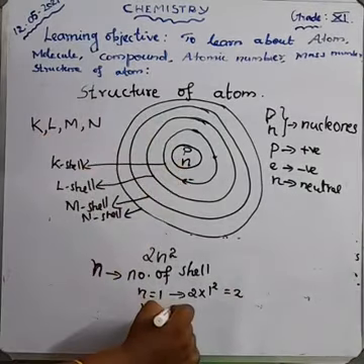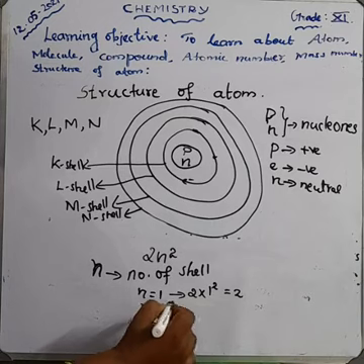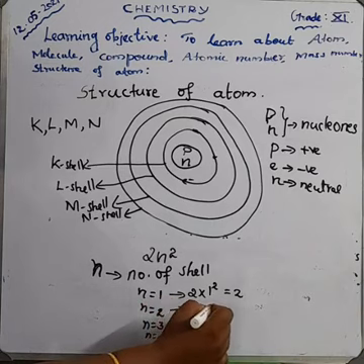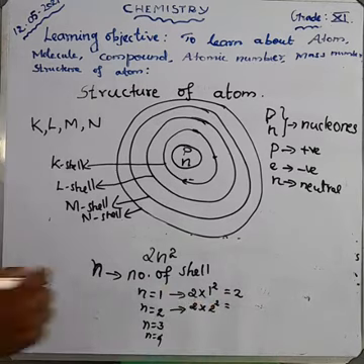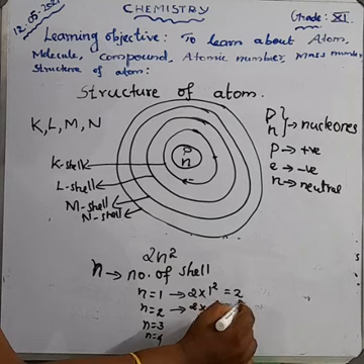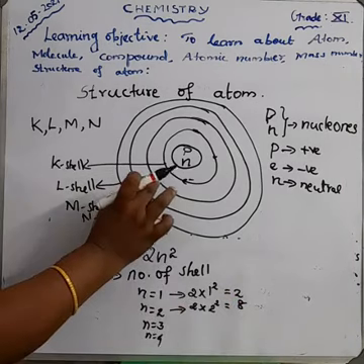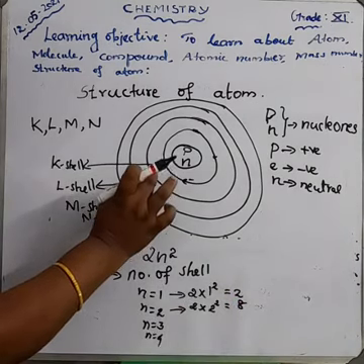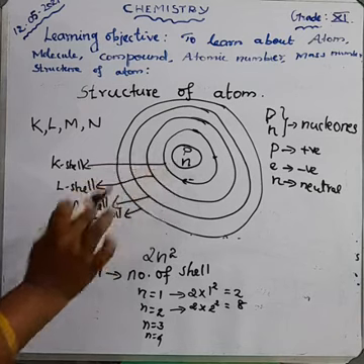For the second orbit, n is equal to 2, so 2 into 2 square, which is 8. So in the second orbit we can occupy a maximum of only 8 electrons.